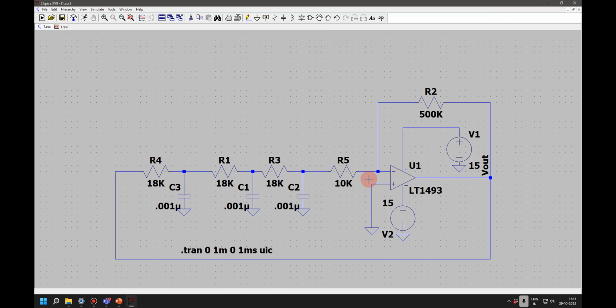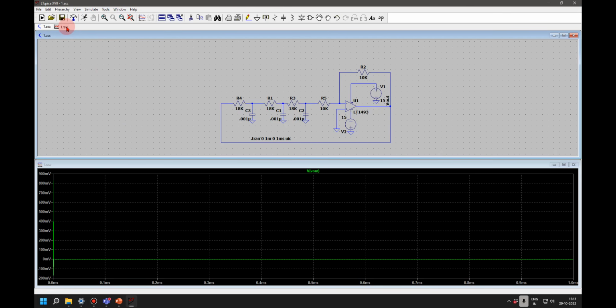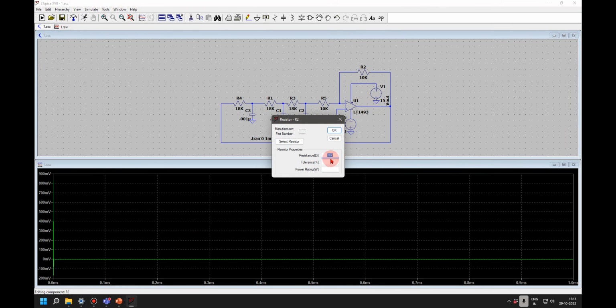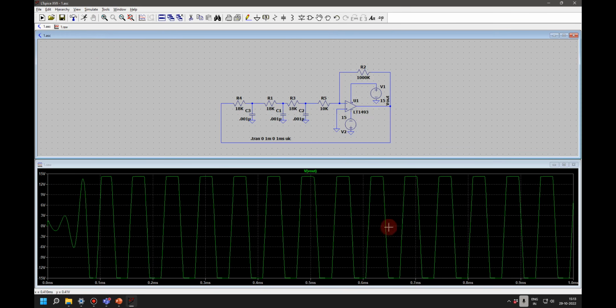Because otherwise, if you start with a low gain, you will be getting a straight line like this only. So you will not come to know what mistake you are making, right? So it is always better to start with a big value, something like this. Okay, and then I know I am getting output plus 15 to minus 15. Then I can see the frequency also.